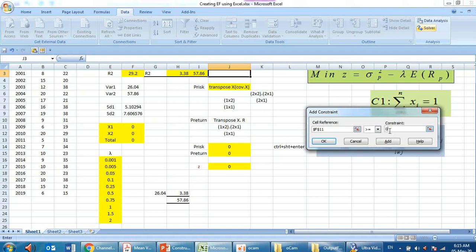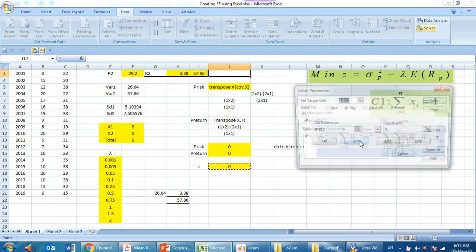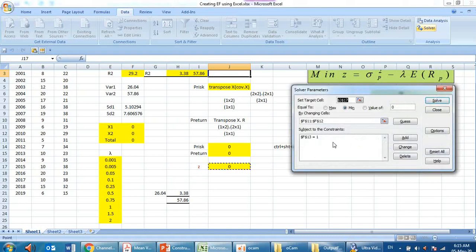Actually it is greater than 0, but Excel does not have this option, so we put the sign like this, equivalent or greater than. So we don't need it for the time being, so we are not going for any other constraint. This is the only constraint we've got.